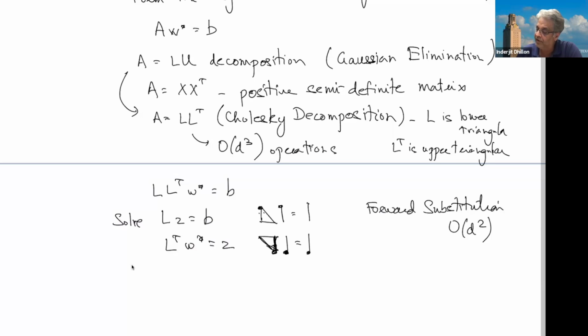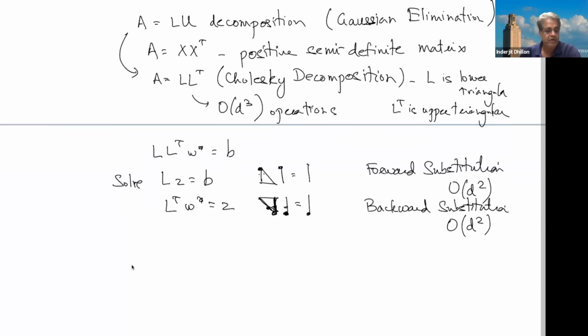Then I know W star d. I can use the second last equation to get W star d minus 1, and so on. So this is called backward substitution because I'm substituting backwards. So I get order d square again.